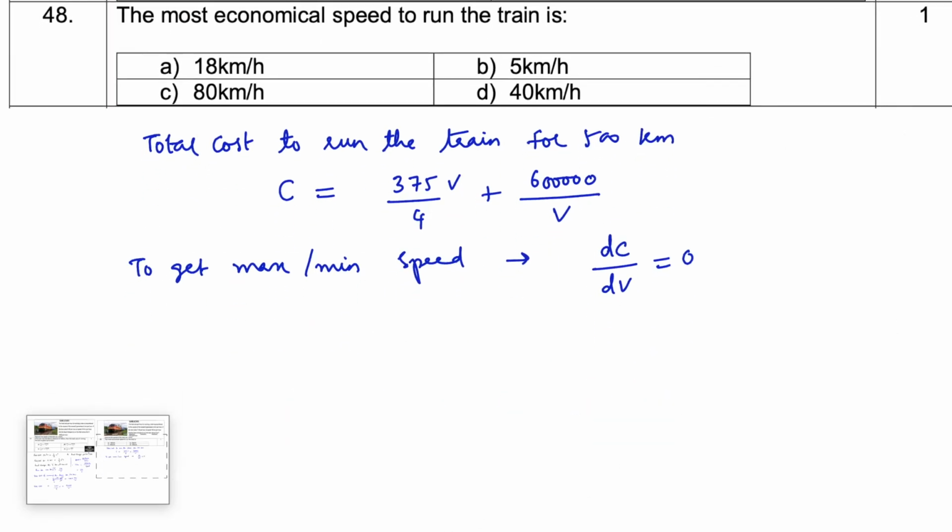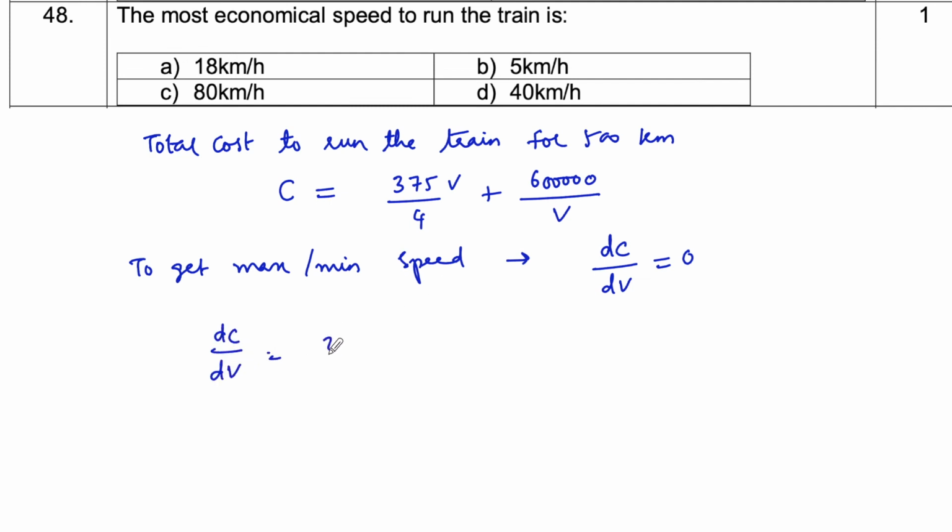So let's differentiate it. 375 upon 4 into 1, and differentiation of 1 upon v is minus 1 by v square, so we can add 6 lakhs upon v square, which is equal to 0.